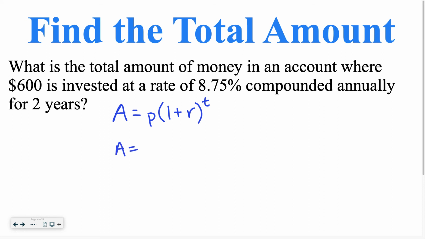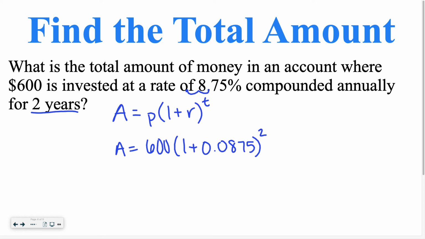We see: what is the total amount of money in an account where $600 is invested at a rate of 8.75% compounded annually for 2 years. So my principal is that 600, then I say 1 plus r, my interest rate. I move my decimal 2 spaces, 0.0875, raised to the t power. T is time in years, which luckily I have, so I'm just going to say 2.